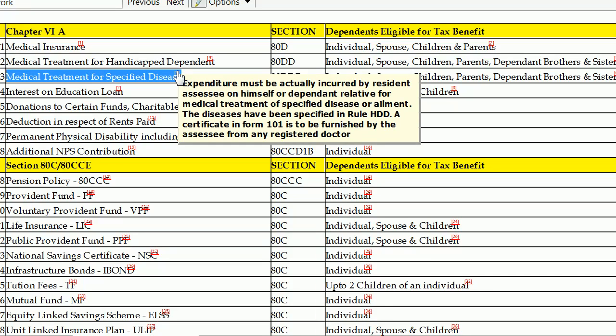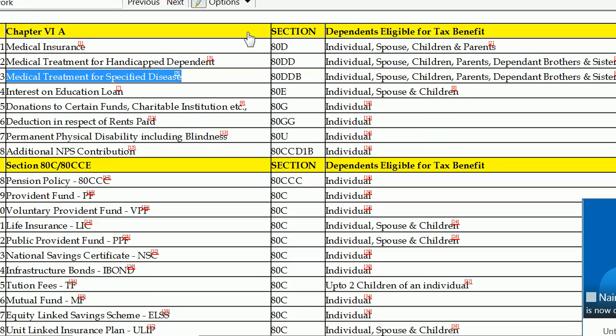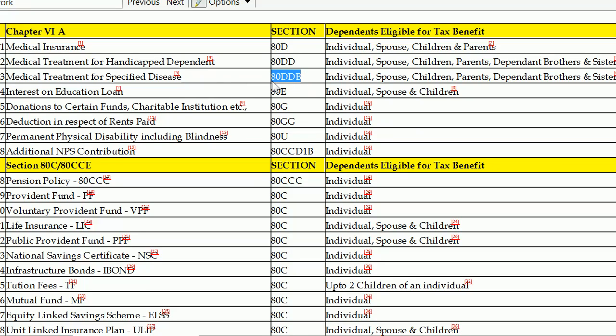A certificate in Form 10I is to be furnished by the assessee from a registered doctor, and the doctor must be a government doctor. You should bring the certificate from the government doctor. This will be covered under 80DDB. The individual, spouse, children, parents and dependent brothers and sisters are applicable under this chapter 4.